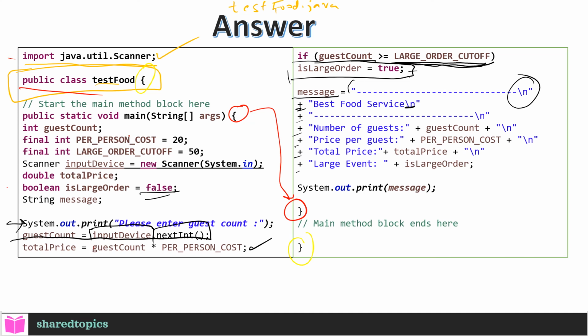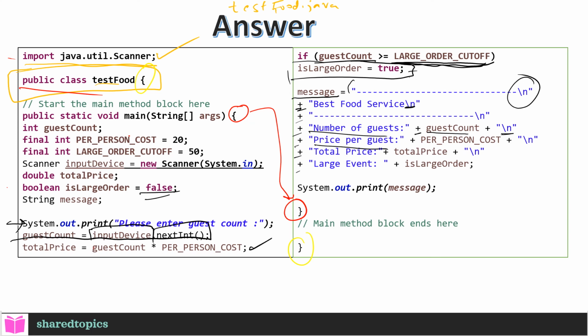Then you write number of guests, which is a literal. Then you join that literal using the plus sign with a variable. The variable name does not go in double quotes. So number of guests plus guest count: guest count doesn't go in double quotes because it's a variable. Then you join that with a new line again. The new line character goes in double quotes.